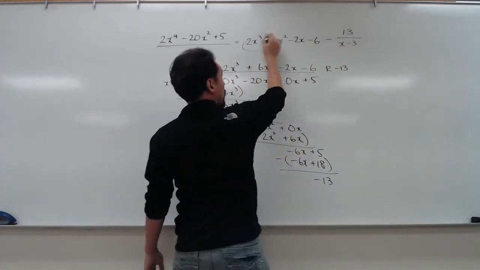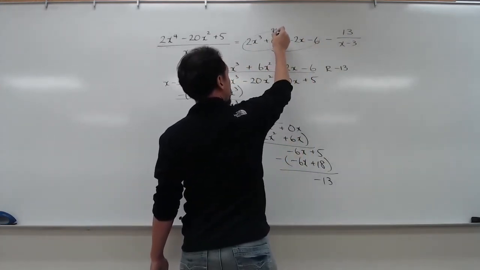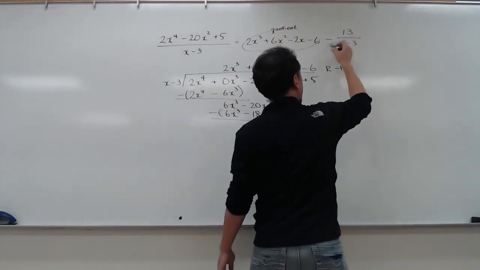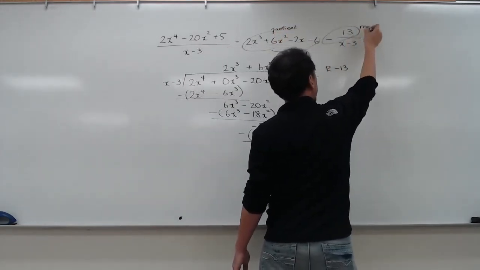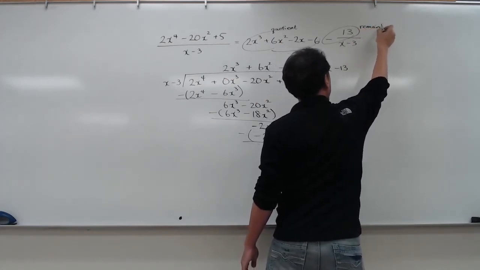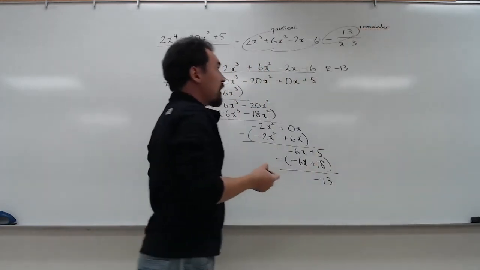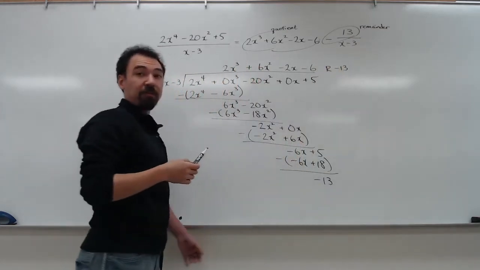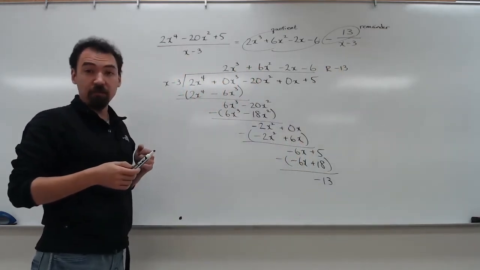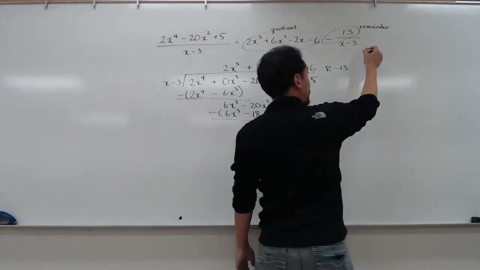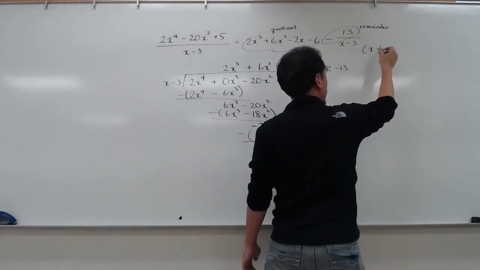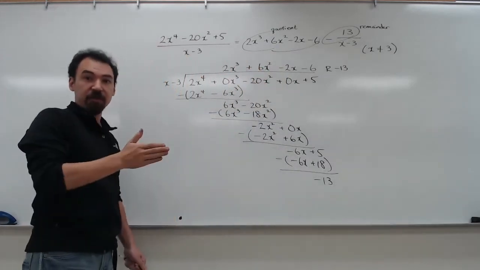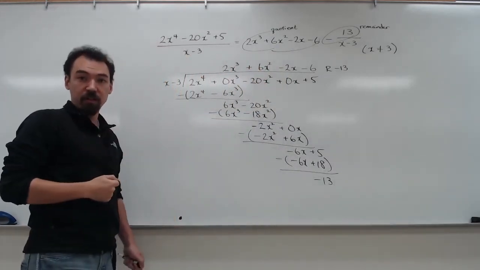So to label, this part is the quotient, then this, including a negative, is the remainder. And because I still have a denominator, it's still clear that x is not allowed to be 3, because then I would divide by 0. But it is worth being cognizant of this, and I'm going to go ahead and write that x cannot equal 3 in parentheses. Not necessary to state, but good to know.